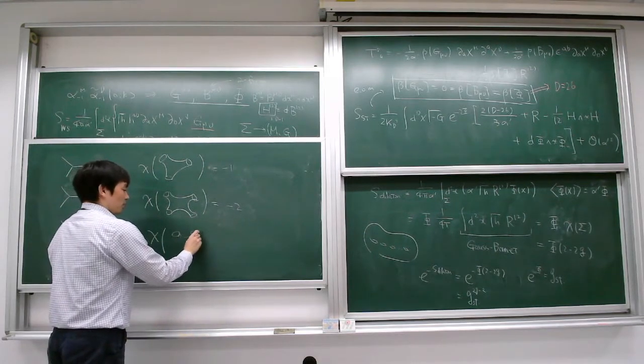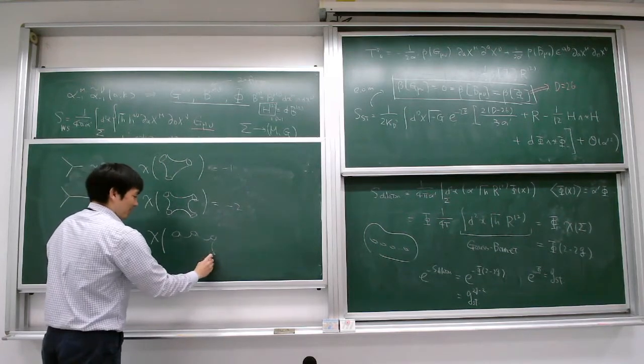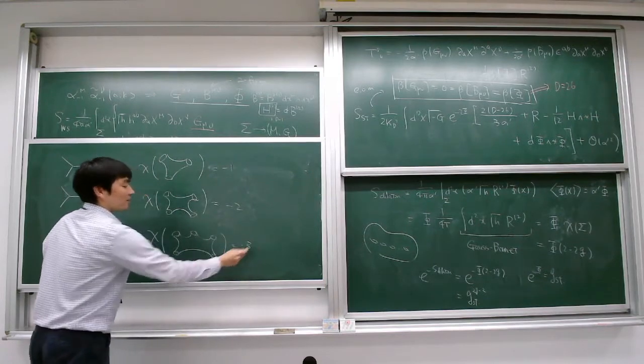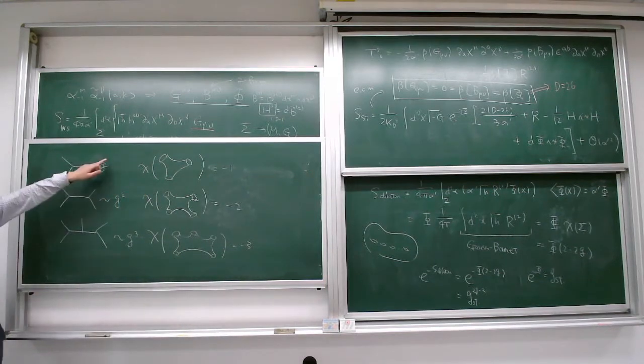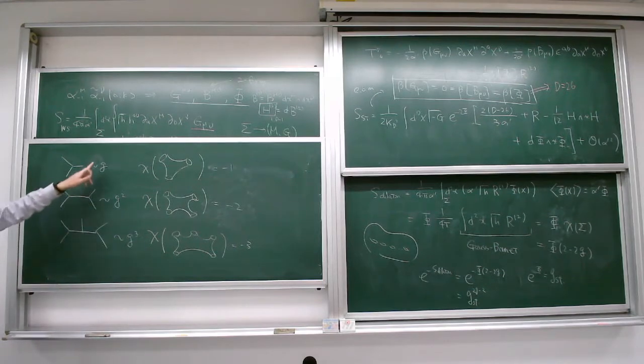What you would get is minus 3. So everything is proportional, up to sign, to the order of G, the coupling constant G.